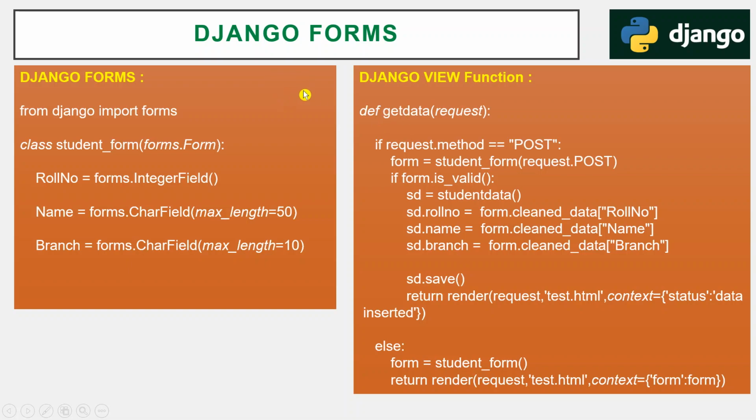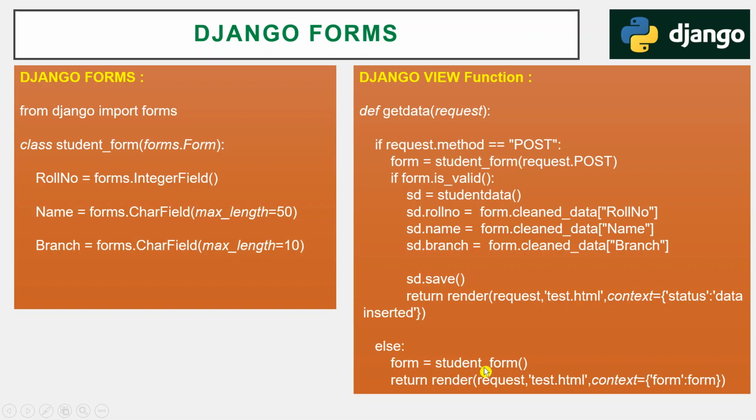If some particular URL pattern is hit in the URL address bar, then it will come and execute this function. If the request.method is not equal to POST, then the if block will be skipped and it will go to the else. So the else block will be executed.